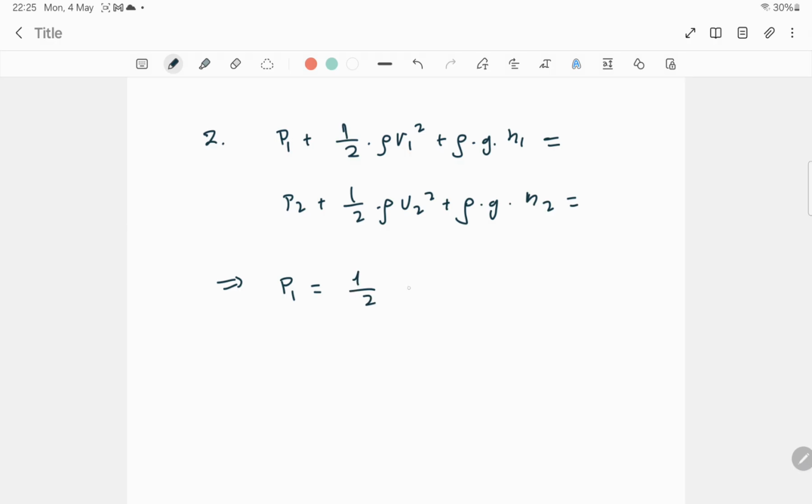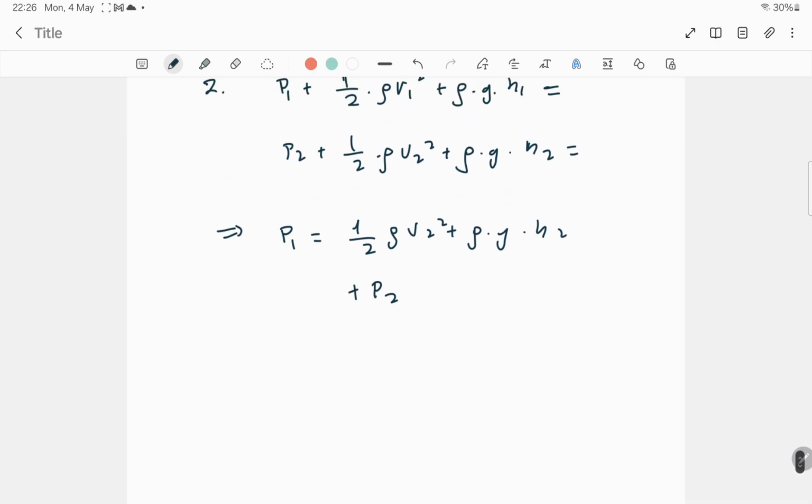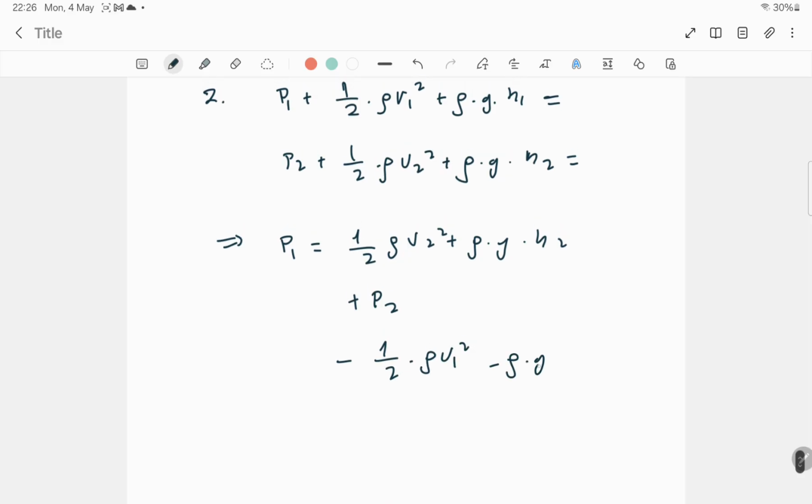That's going to be a half rho V2 squared plus rho times G times H2 plus P2 minus a half times rho V1 squared minus rho times G times H1.